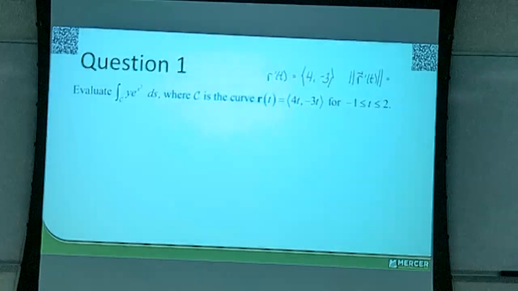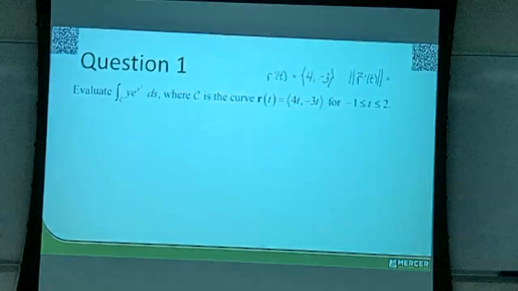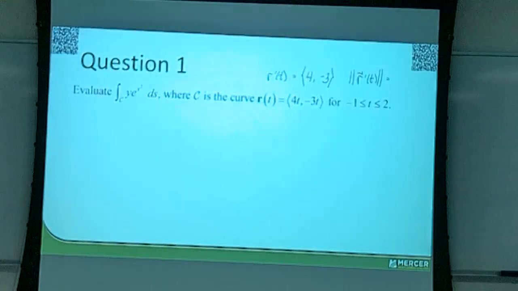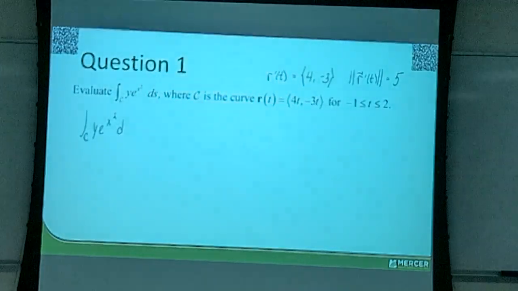What is its magnitude? 625. Magnitude is 5. So you see ds or dr, it's just a length differential.